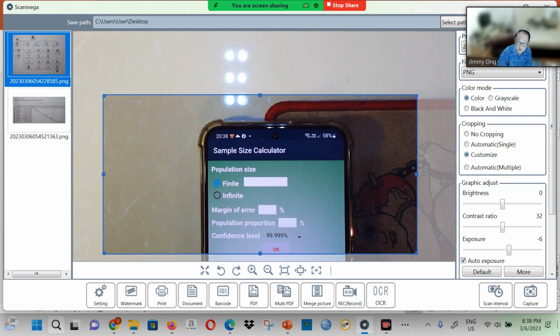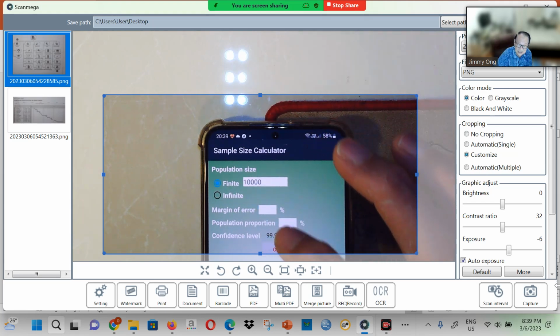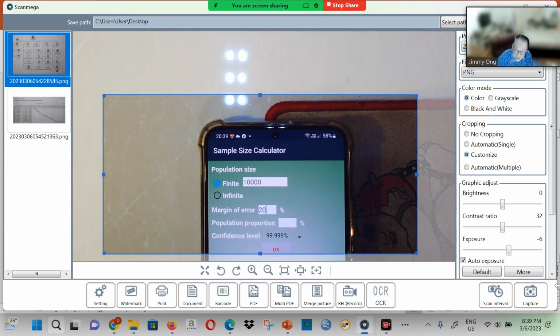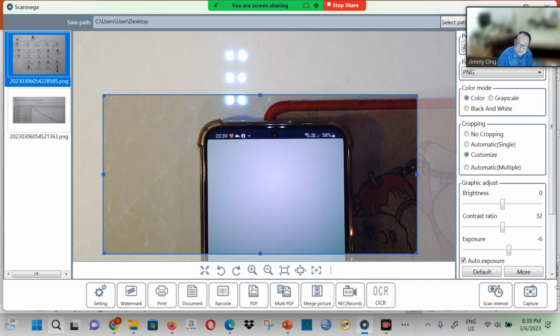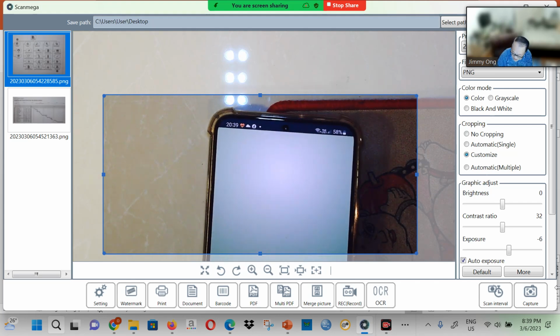If the population size is 100 or 10,000, right? Then you must know your margin of error. You want to put 20%, also can. Okay, but for the proportion, normally I put 50%, right? And then you get it done. Then it will calculate the sample size for you.